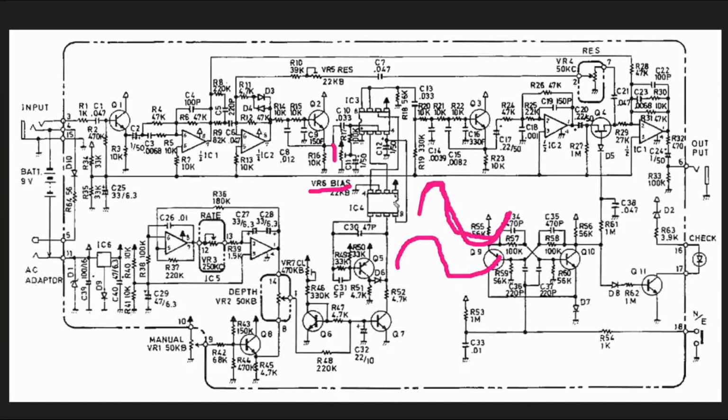Okay, so this bias trim pot there is what allows us to account for those kind of variances so that we get the swing of our input signal perfectly centered between the plus and minus swing.